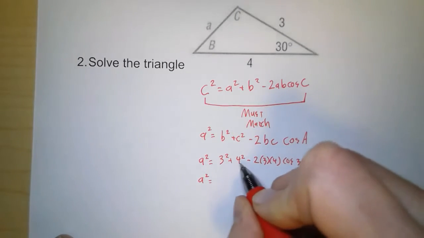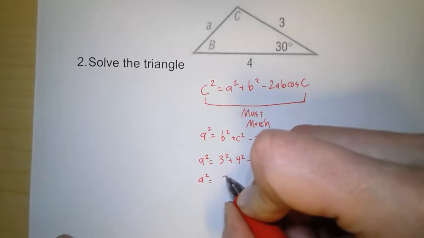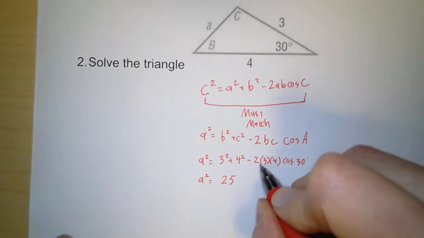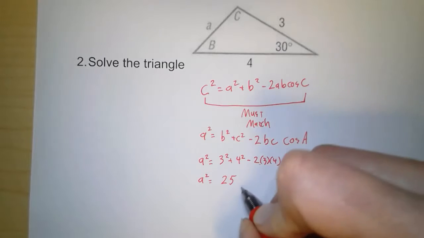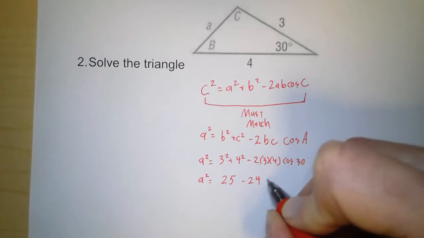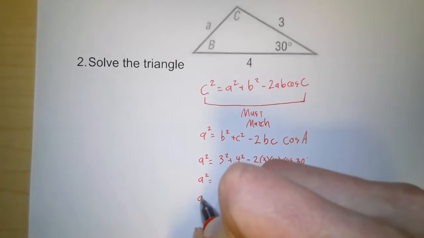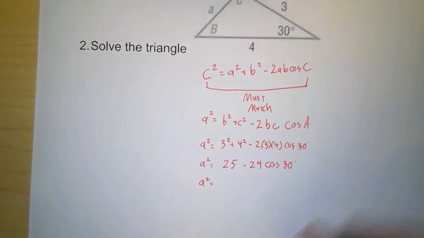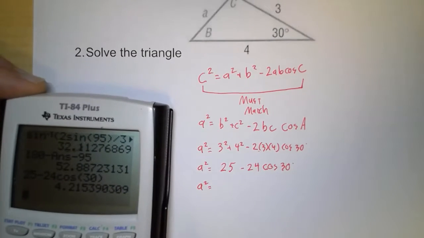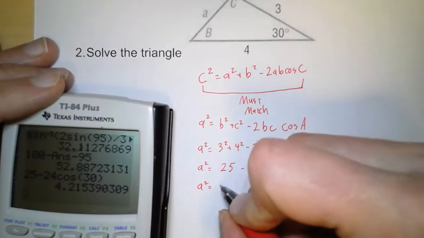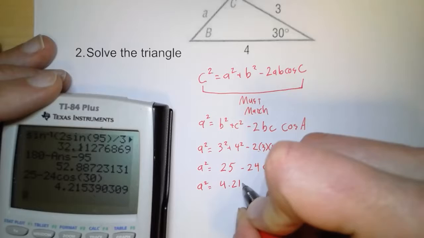So 3 squared is 9, 4 squared is 16, so added together, that's 25. 2 times 3 is 6, times 4 is 24, so we have minus 24 cosine of 30. So now, on our calculator, we punch in 25 minus 24 cosine of 30. And so we get a squared to be 4.215.